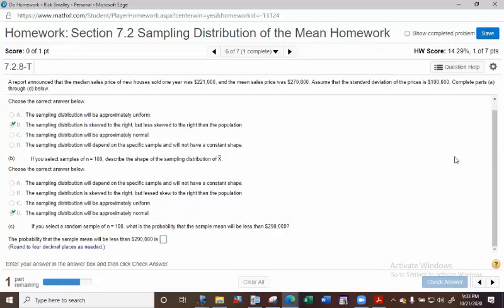So it says if you select a random sample of n equals 100, what's the probability that the sample mean will be less than 290,000? All right, so that's just going to be a normal CDF here.